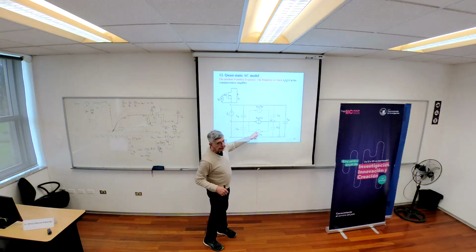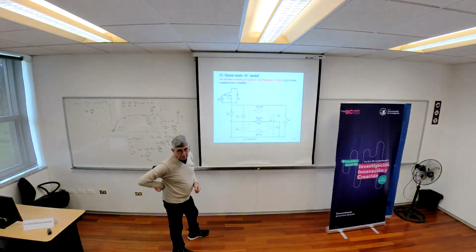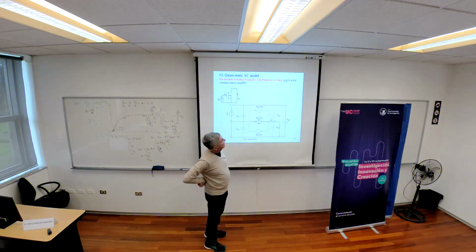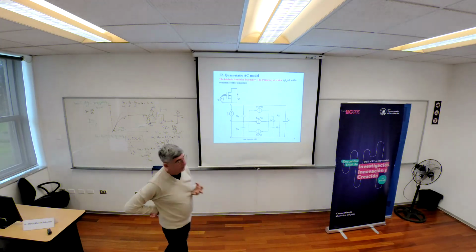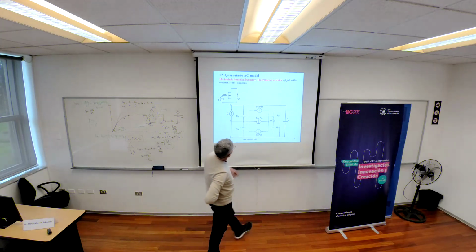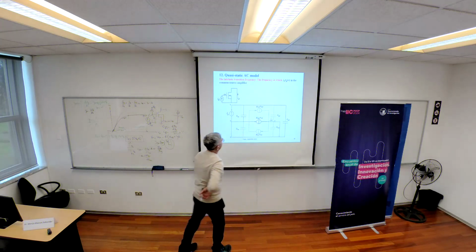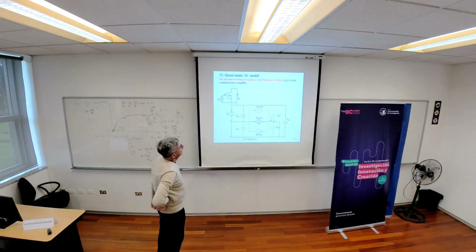I removed here the components which are not used in this configuration because VSB is 0, right? VDD is also 0 for AC. This capacitor, oh, gate to drain. What? Oh, this is connected to ground. Okay.